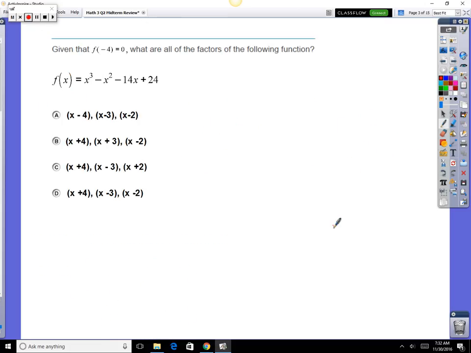Okay, this one. Given that f of negative 4 equals 0, so that means the remainder is 0 when you plugged in a negative 4. So that means the remainder is 0 when you divided by, so if they plugged in a negative 4, they must be dividing by x plus 4.